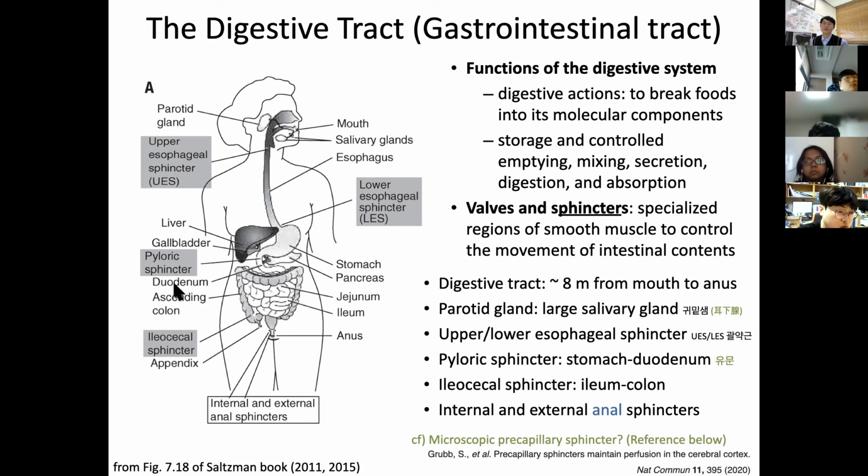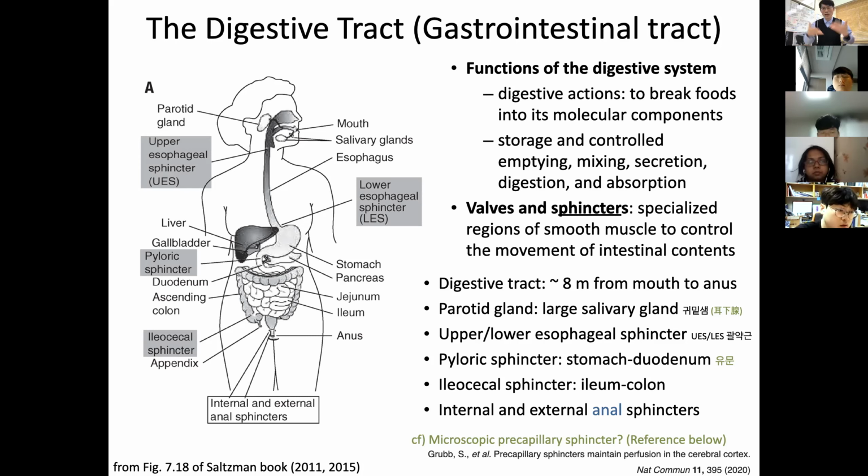And I want to bring some of the latest research results on this. We are talking about this macroscopic sphincter, but in our body and circulation, what's the most basic unit for all this oxygen transfer and even nutrient transfer from this digestive tract?